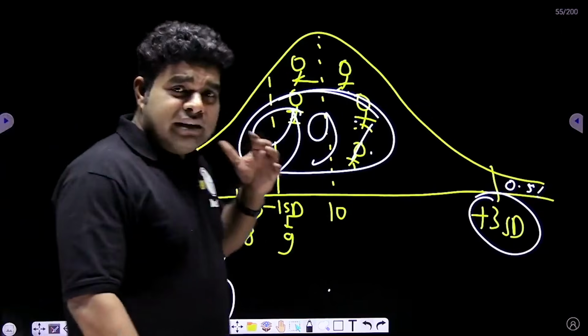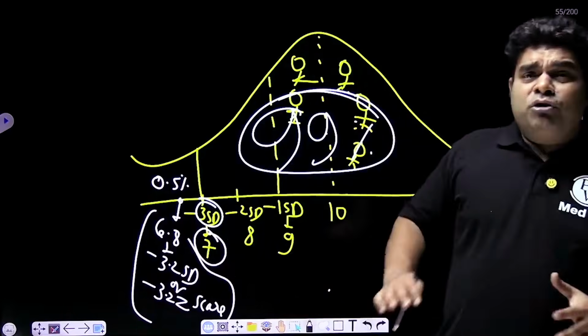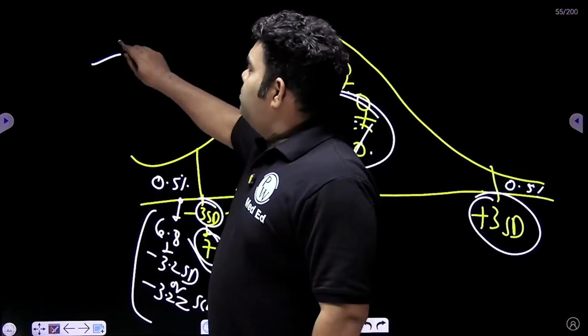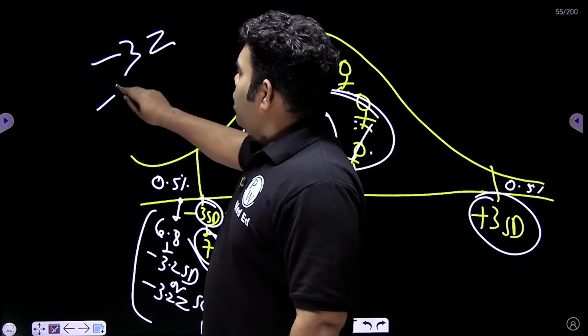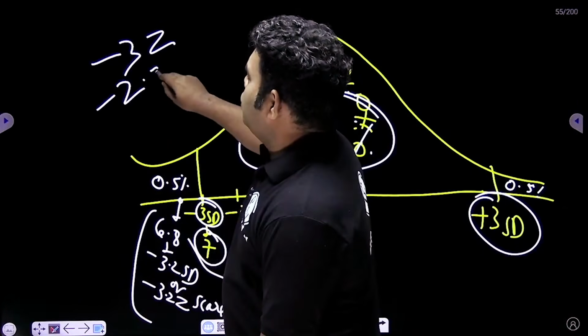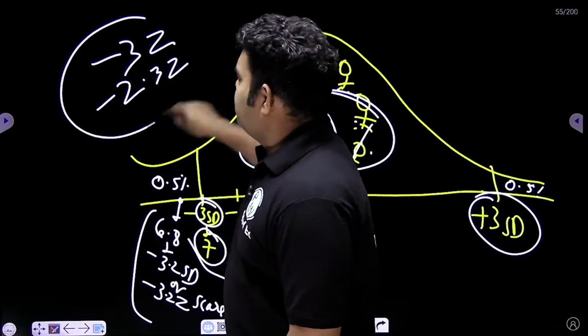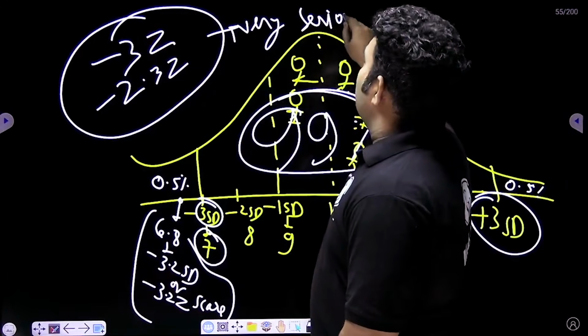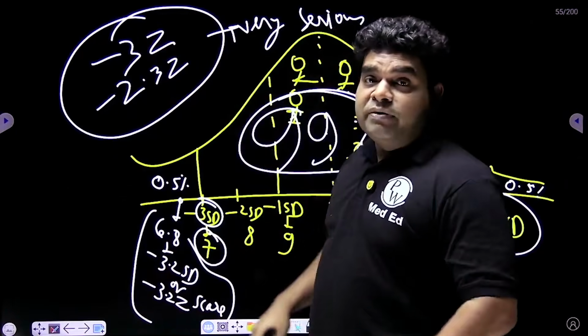She can have a pathological fracture any moment. You have to be very aggressive with any patient who comes in OPD with minus 3 Z score or minus 2.3 Z score. All these females are very serious. So if you get a report with minus 3 or minus 2, it's very serious.